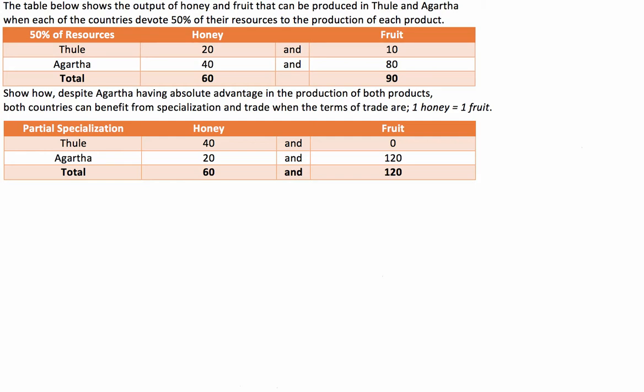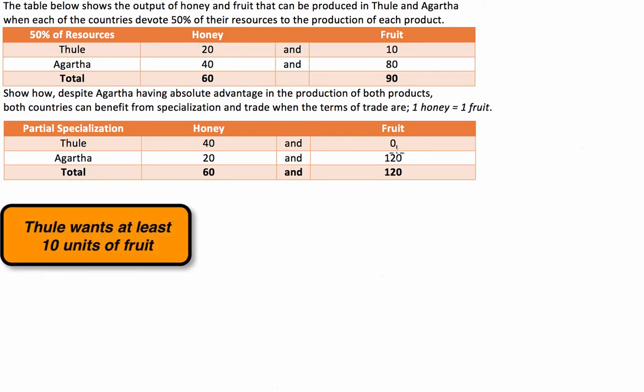Thul's fruit production prior to specialisation was 10 units. It's now 0 units, which means Thul is going to have to trade with Agartha to increase its ability to consume fruit to at least 10. And alternatively, Agartha's pre-specialisation honey production was 40 units, and now they only have the ability to consume 20 units of honey.